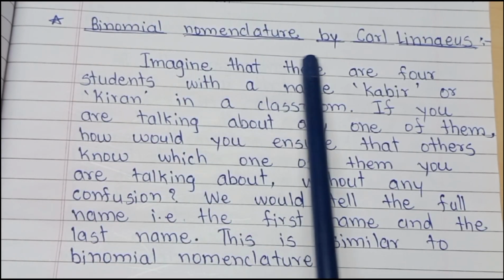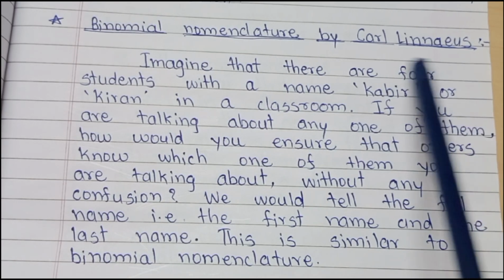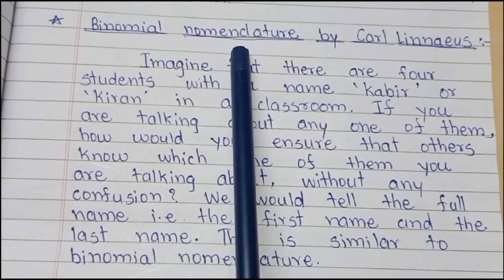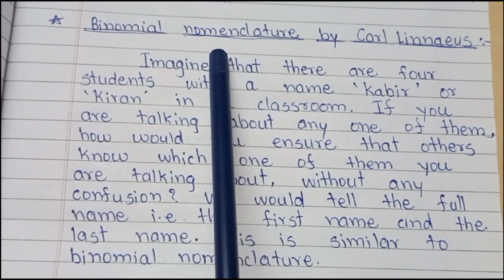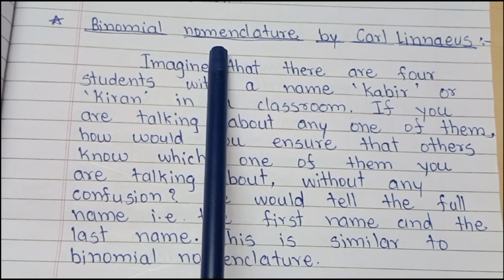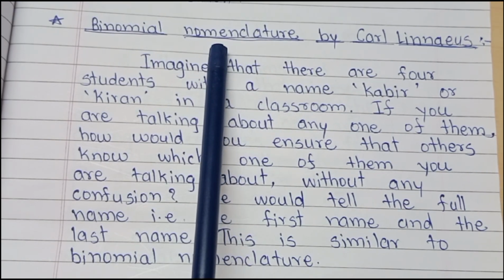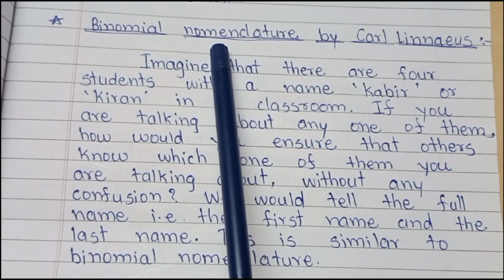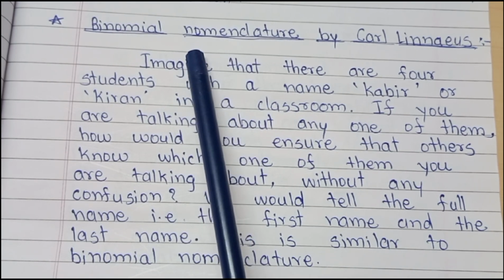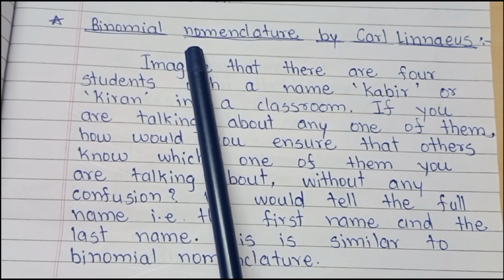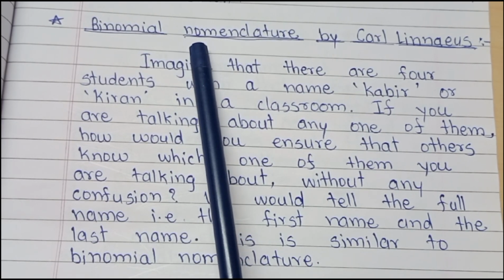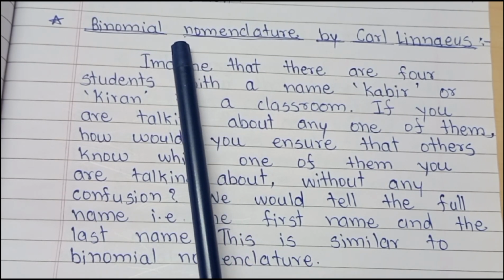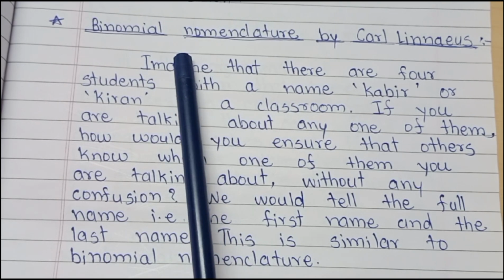Binomial nomenclature by Carl Linnaeus. Binomial nomenclature means a system of naming plants and animals in which each species is given a name consisting of two terms, of which the first is the genus and the second is the species itself.